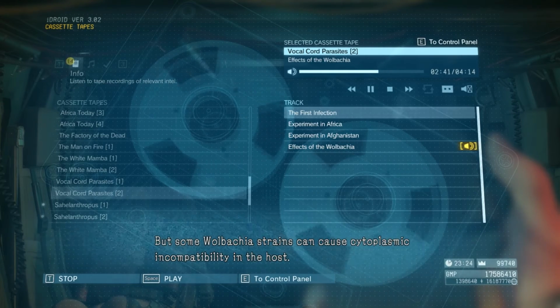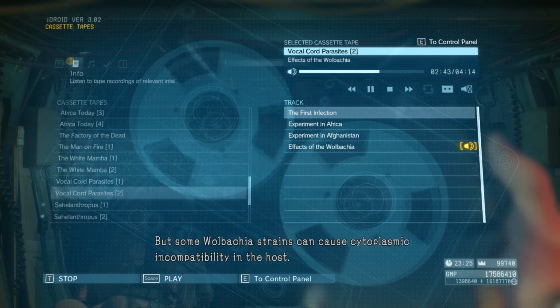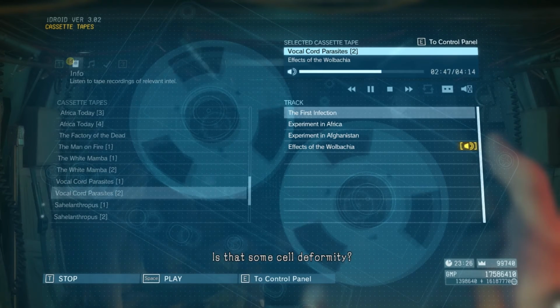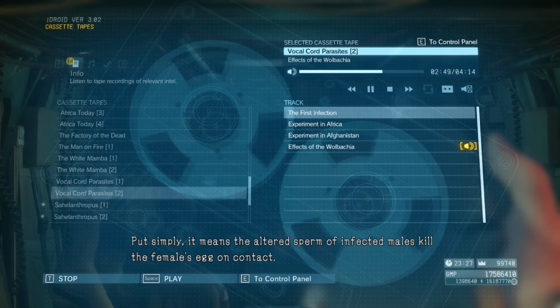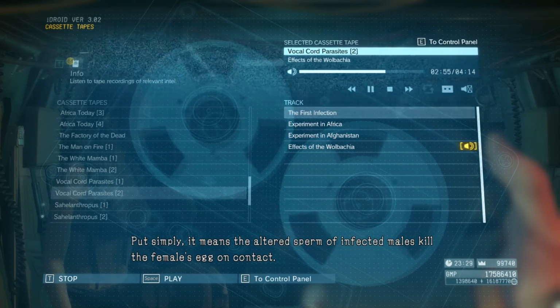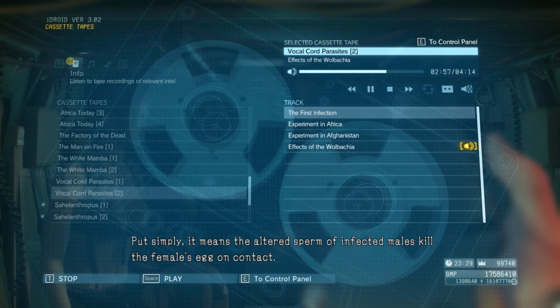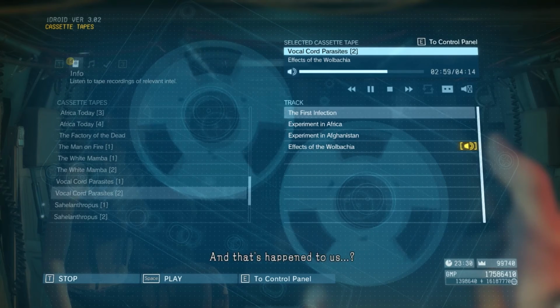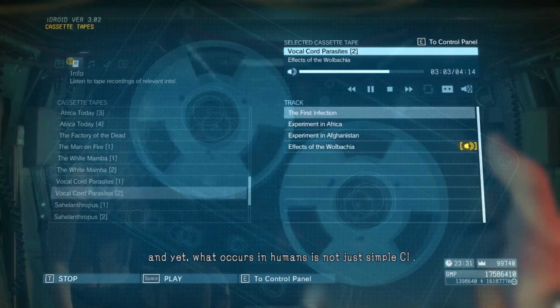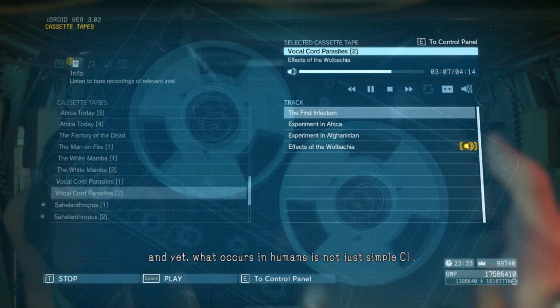But some Wolbachia strains can cause cytoplasmic incompatibility in the host. Is that some cell deformity? Put simply, it means the altered sperm of infected males kill the female's egg on contact. And that's happened to us? Yes. And yet, what occurs in humans is not just simple CI.